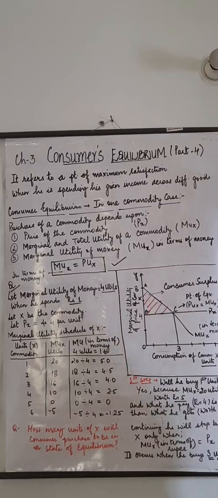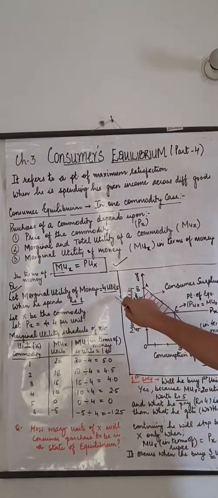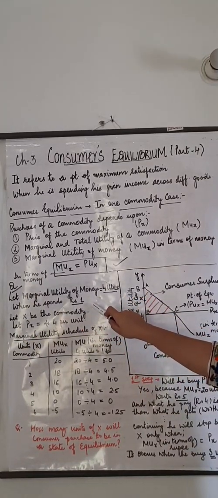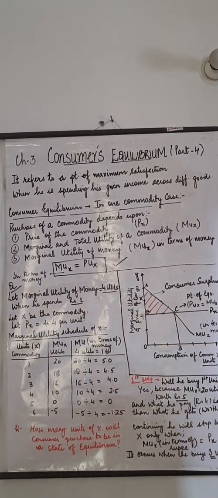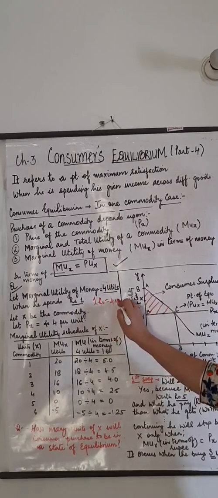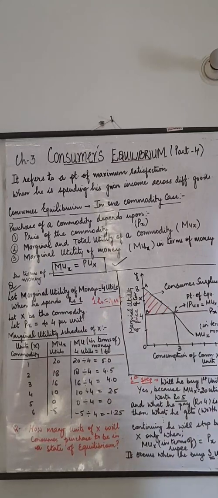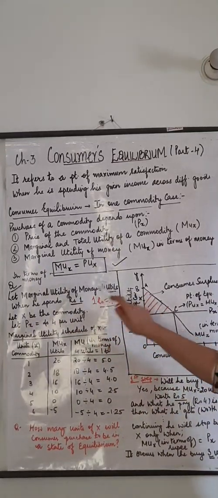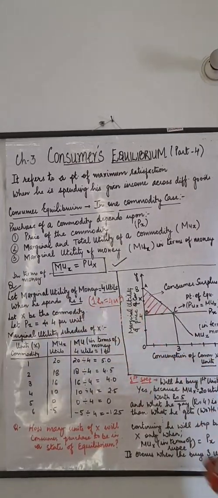So I have supposed that the marginal utility of money is 4 utils when he spends ₹1. It means 1 rupee equals 4 utils. It simply says this: 1 rupee equals 4 utils. Understood? In simple language, let the marginal utility of money be 4 utils when he spends ₹1.